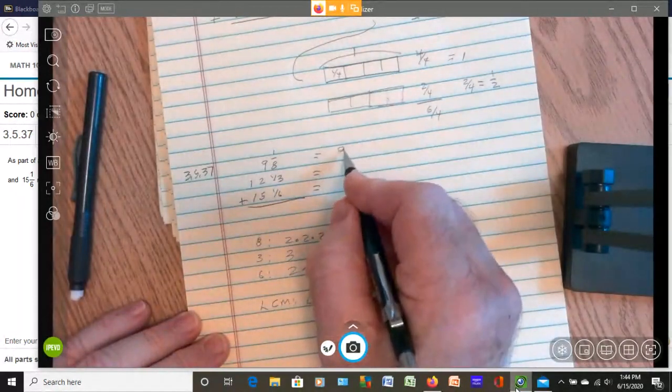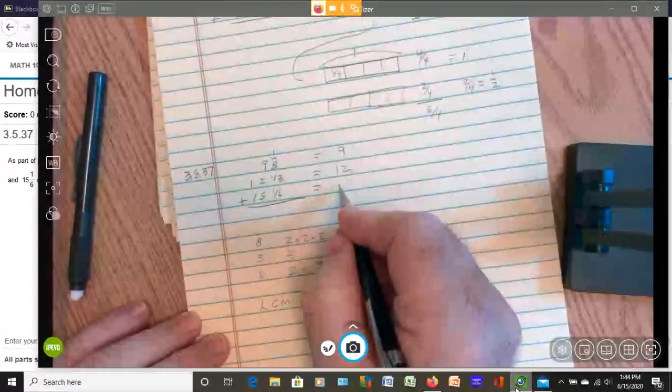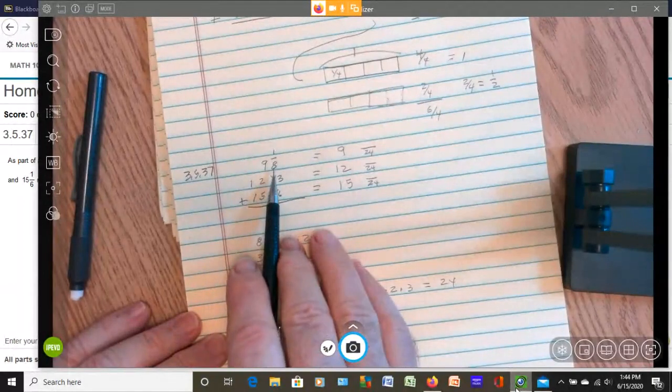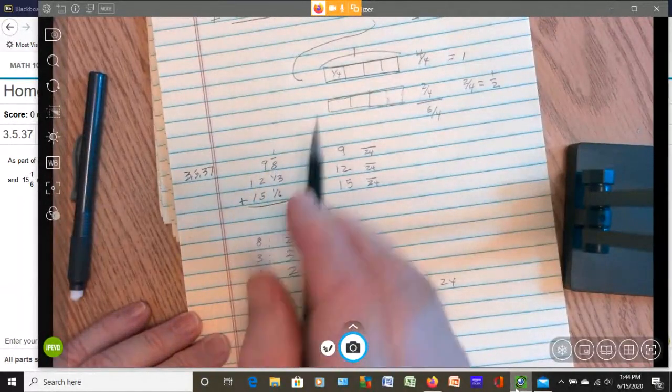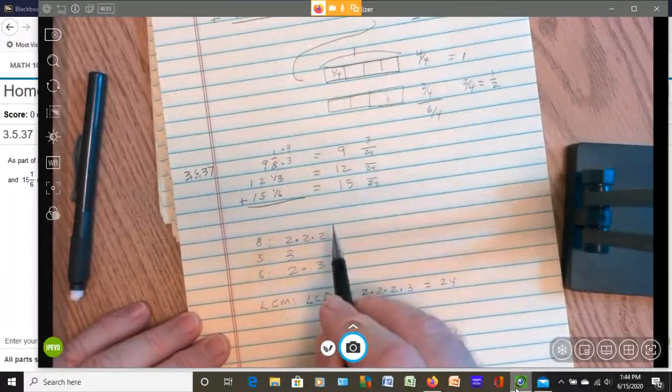So when I come over and I rewrite my problem, I'm not going to change those whole numbers, but these fractions I'm now all going to convert to denominators of 24. And so you think with me, how do I convert 8 to 24? Times 3 and multiply also in the numerator.